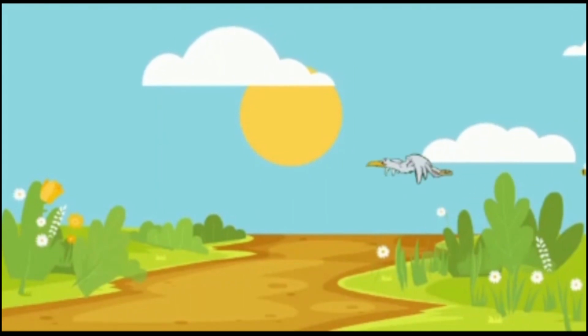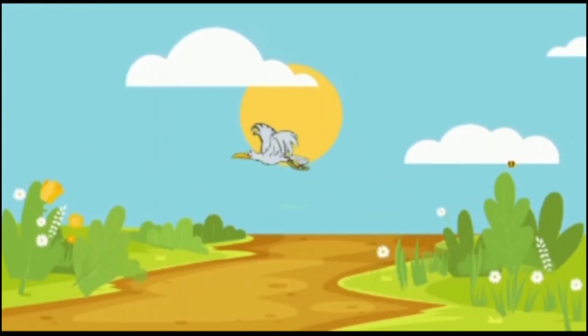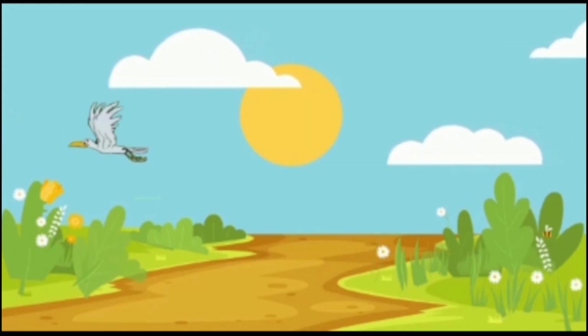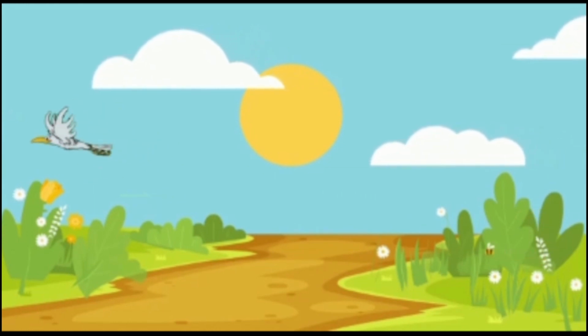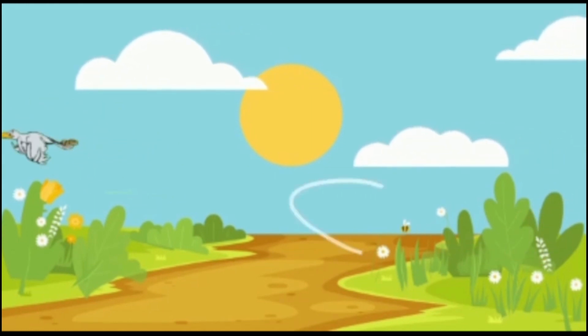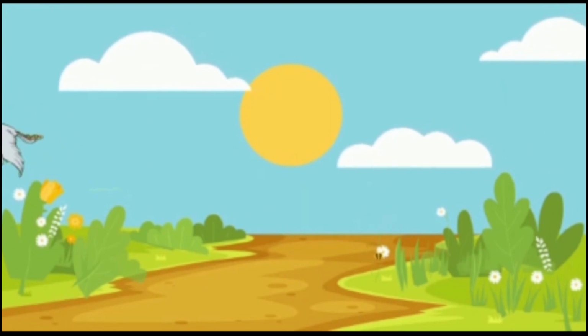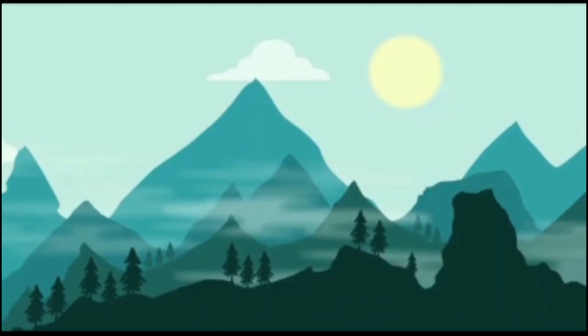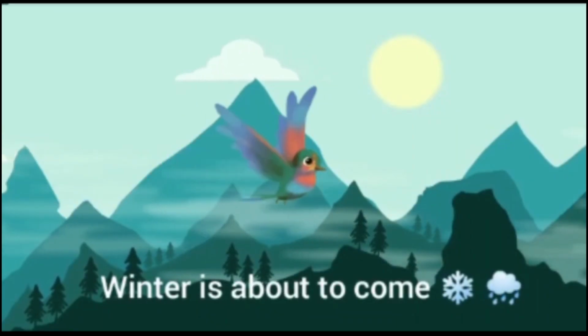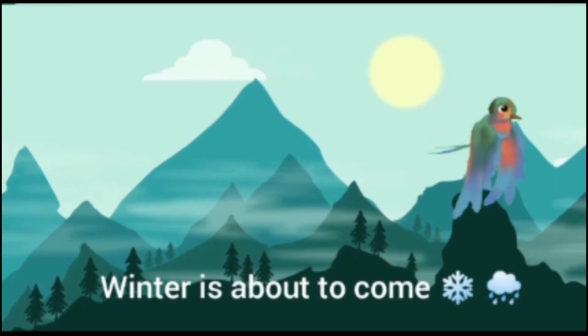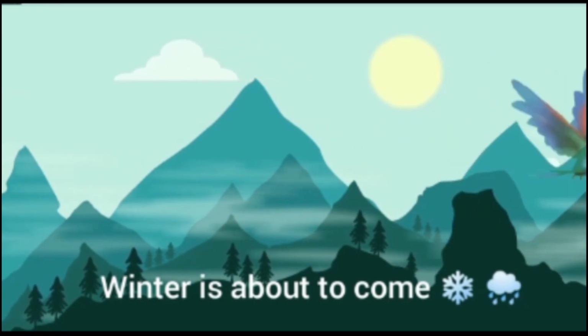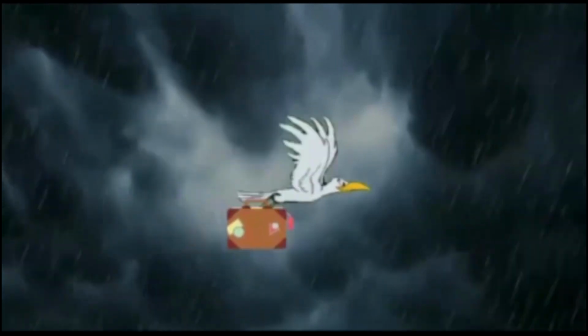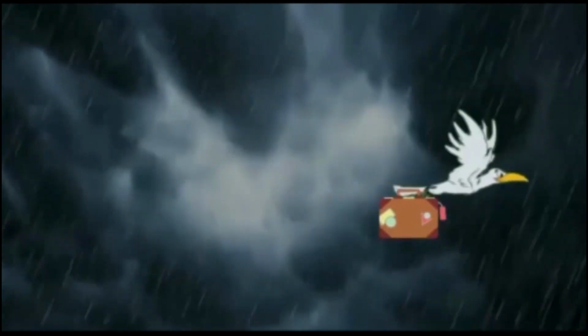Other factors like shortening of daylight and increase of cold are believed to stimulate migration. They migrate to avoid suffering from extreme heat or cold. Birds must remain warm to survive, so they migrate to warmer regions when winter sets in, and they come back when winter is over.